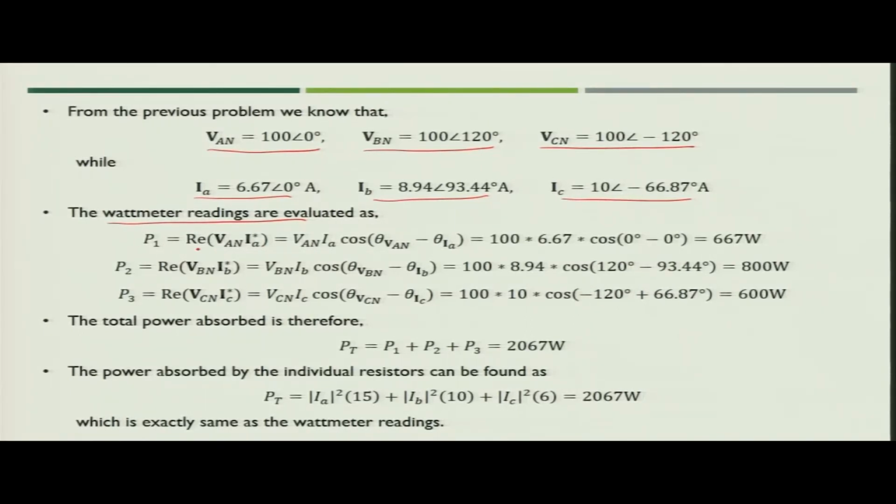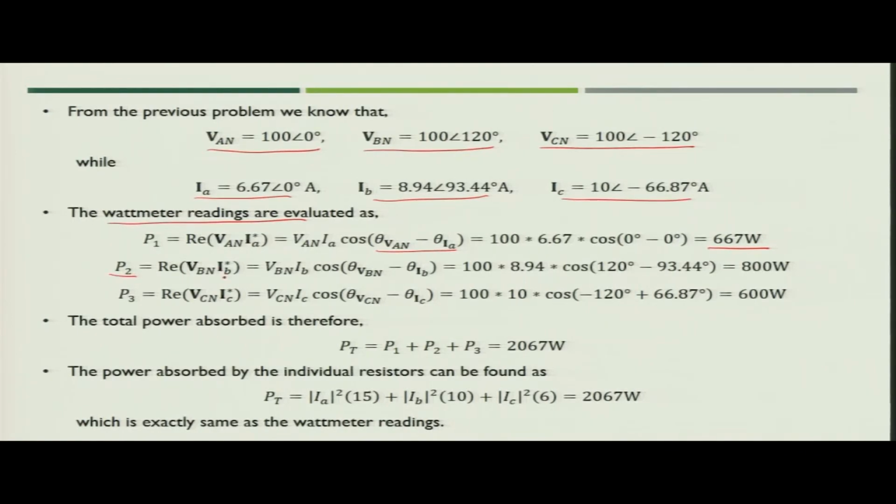The value of P1 will be the real component of VAN into IA conjugate. So, when you find the value, it will become VAN IA cos of theta VAN minus theta IA. Now, if you put the values of all the parameters, you will get the value of P1 as 667 watt.